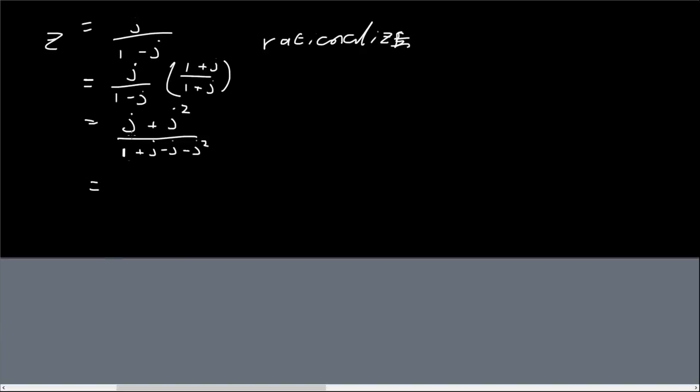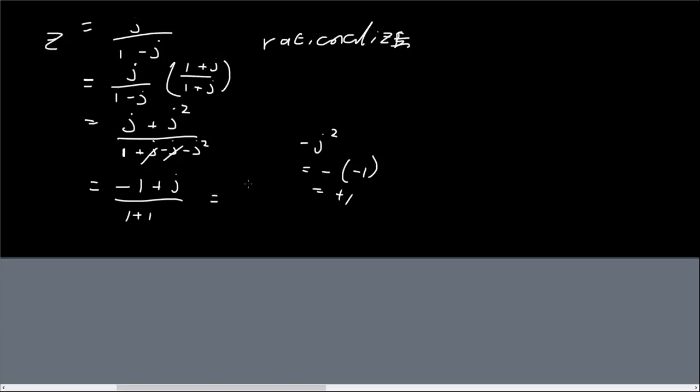So j squared is minus 1 plus j over, plus j and minus j cancelled, and minus j squared is equal to minus negative 1 is equal to plus 1. So we've got 1 plus 1.